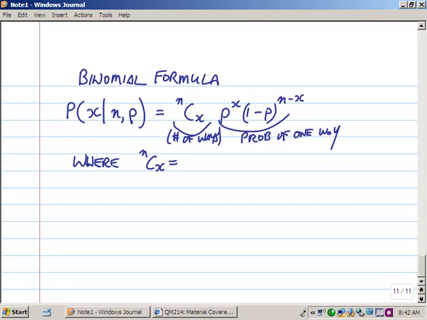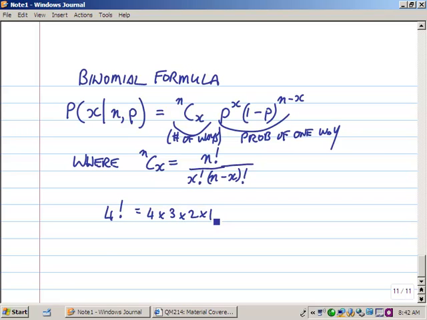But nCx then is the number of ways, and that's written as, and again I'll have to explain that, n with an exclamation mark, which is read as n factorial, divided by x factorial times n minus x factorial. As an example, 4 factorial is 4 by 3 by 2 by 1.